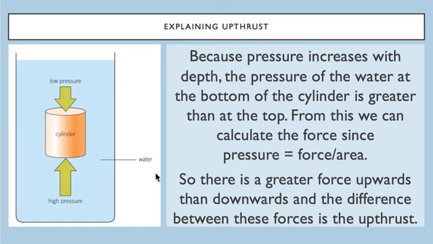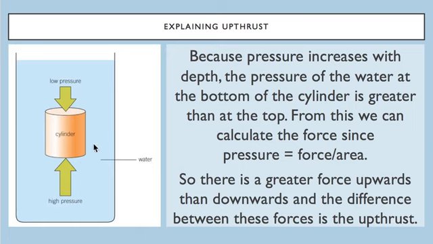Right, so we've been looking at how pressure changes in a fluid, and because pressure increases with depth, the pressure of the water at the bottom of the cylinder is greater than that at the top. From this we can calculate the force, since pressure equals force divided by area. So there's a greater force upwards than downwards, and the difference between those forces is the upthrust.